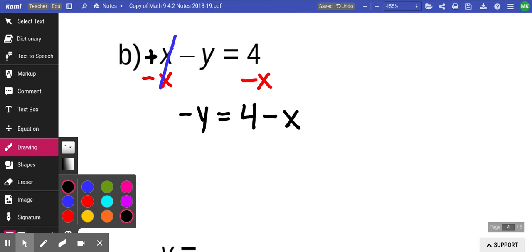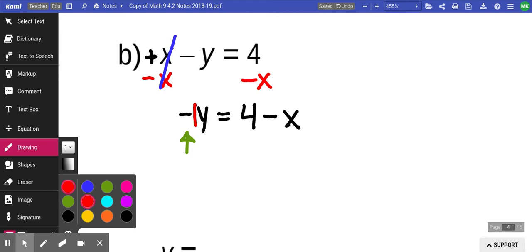This is an equation that gets a lot of people in trouble in Math 10 and Math 11, because they get that answer and they leave that as their answer. And that technically is not y by itself. The reason it's not y by itself is because of this negative symbol right here. That negative symbol technically means negative 1 times y.